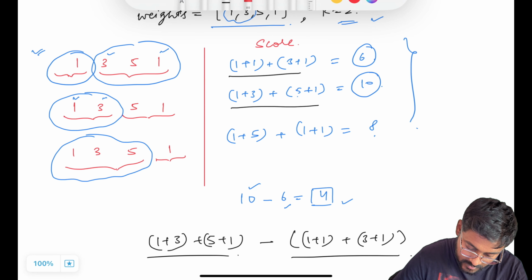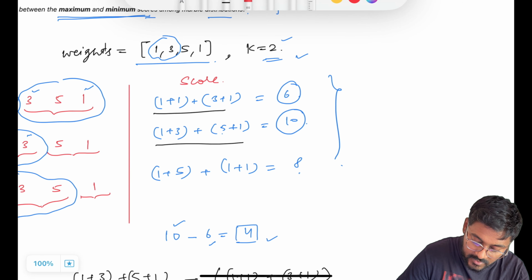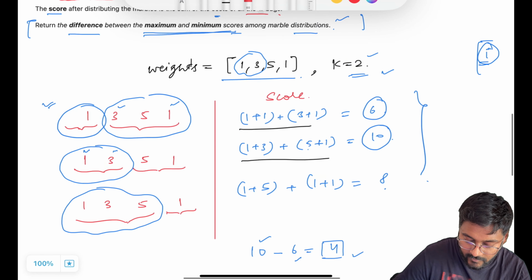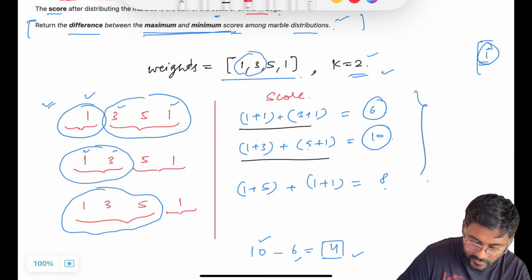See, as the score of a bag is from I to J, I will definitely be there, J will definitely be there. So for the first partition, the first bag, the first marble will always be part of that bag, and for the last bag, the last marble will always be part of that bag.